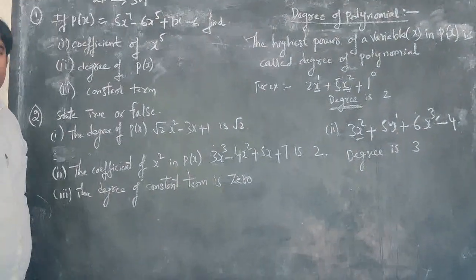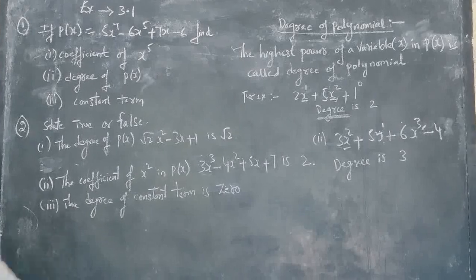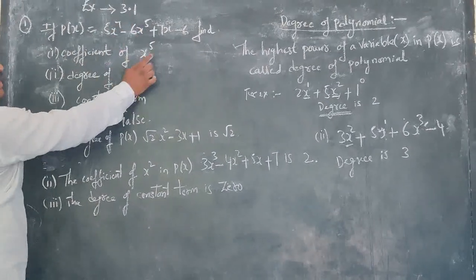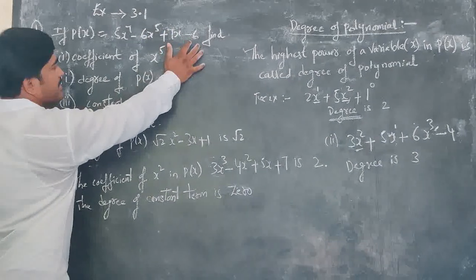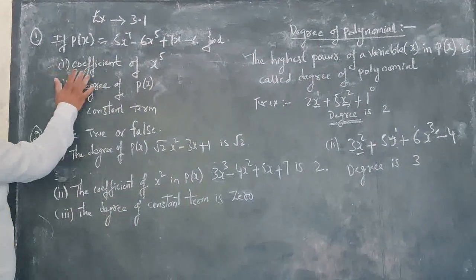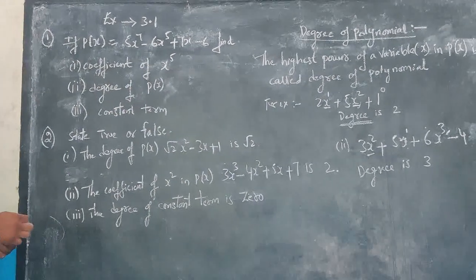Problems of exercise 3.1. Now if p of x is equal to 5x power 7 minus 6x to the power of 5 plus 7x minus 6, then find the following. The first one is the coefficient of x power 5. What is meant by the coefficient? I explained to you in the previous class.